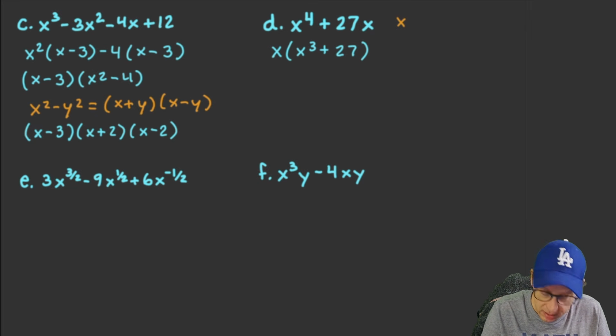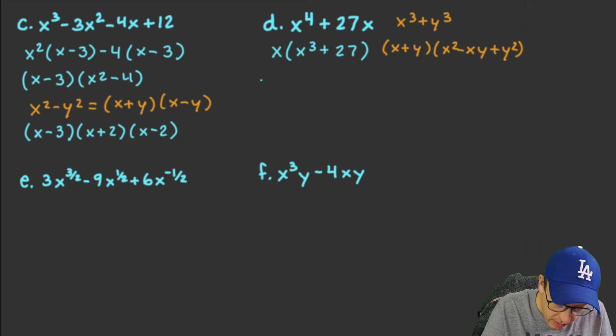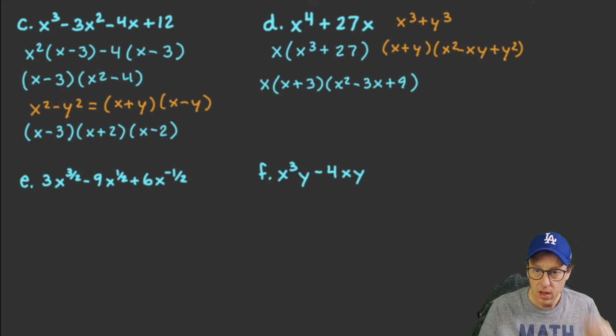X to the third plus y to the third is going to be equal to x plus y times x squared minus xy plus y squared. Okay, another rule. Is that going to fit? Yes, it is. Okay, so now understanding that rule, we'll be able to further simplify this down to x plus 3, and x squared minus 3x plus 9. Okay, and there we are.